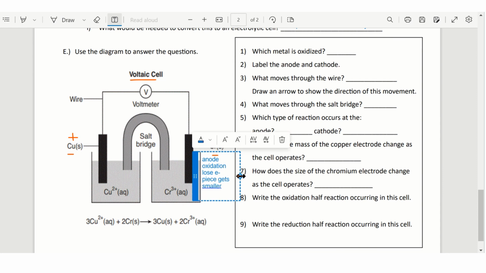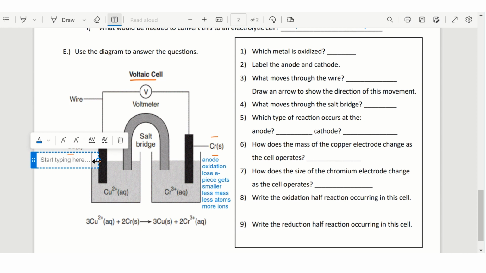When a piece gets smaller, it means there's less mass, less atoms. So what's happening? They're moving into the solution, so more ions. All right, now let's do something similar on this side. Okay, so on this side, this was lower. So the lower one is the cathode, right? The cathode, red cat, has reduction.